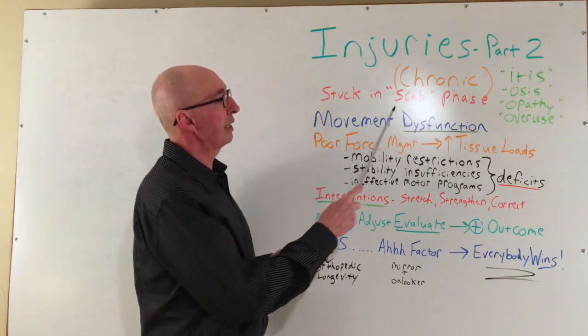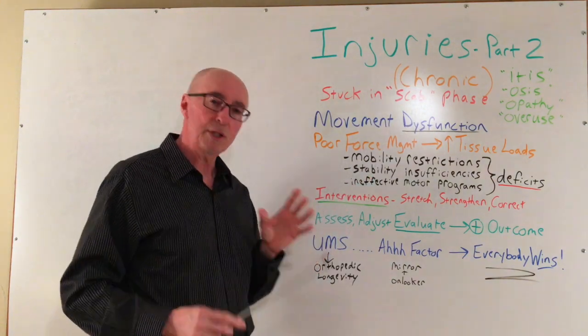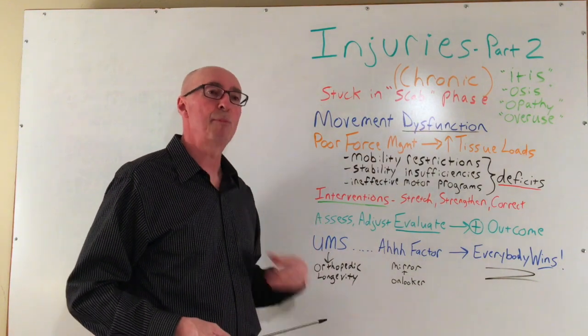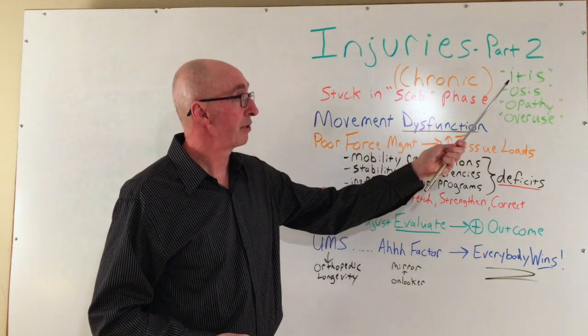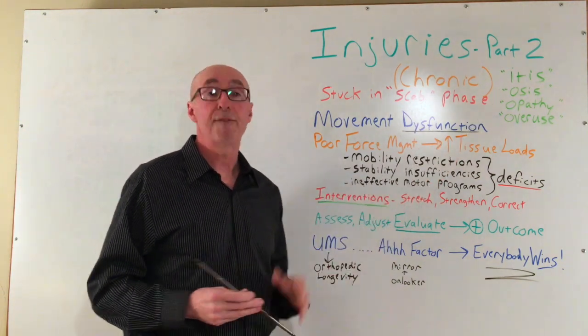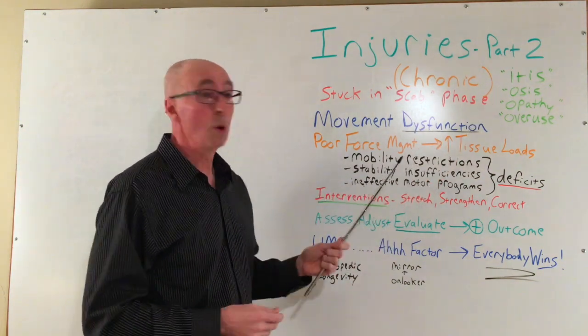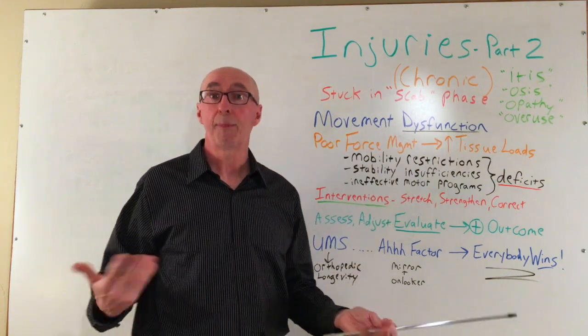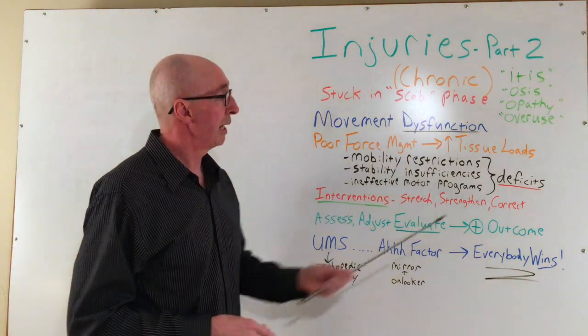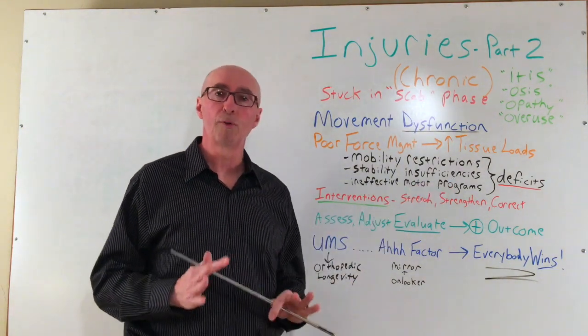So a chronic injury, for any number of reasons, can be stuck in this scab phase, and common terms that we often see would be things like itis, such as fasciitis, or osis, tendinosis, apathy, a myopathy or a muscle injury.